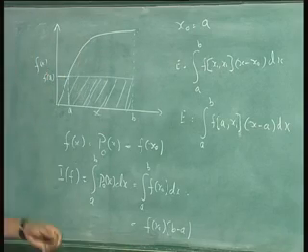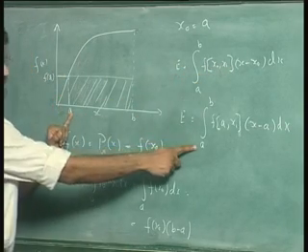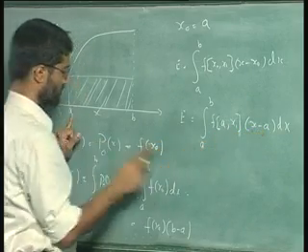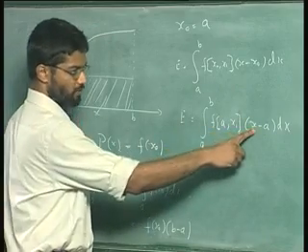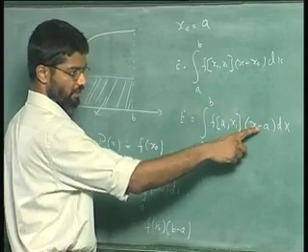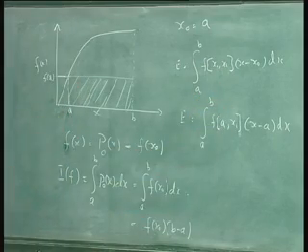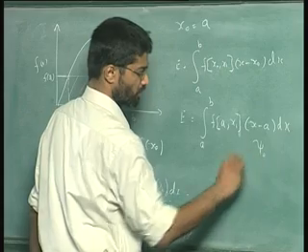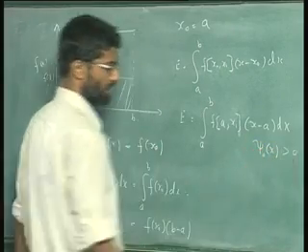Now you see we chose a as x0, that is one of the limits. So all x values are higher than a, because x goes from a to b. So all x values in this integral are greater than a. So x minus a is always positive. So this quantity, which was our psi 0 of x, is of one sign, it is always greater than 0 for all x values.